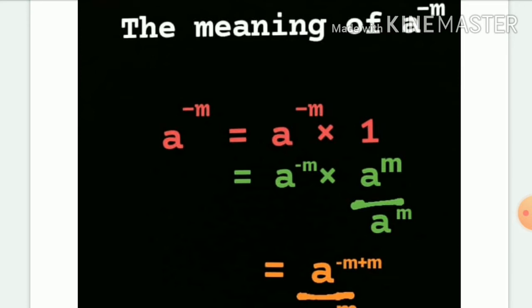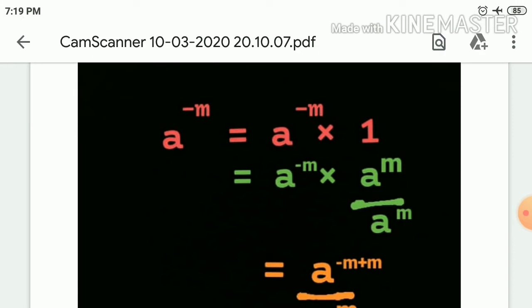So a raised to minus m multiplied by 1. Just now you have learned that a raised to m divided by a raised to m, the same base and index, the number which is the same in numerator as well as in denominator, results in 1.